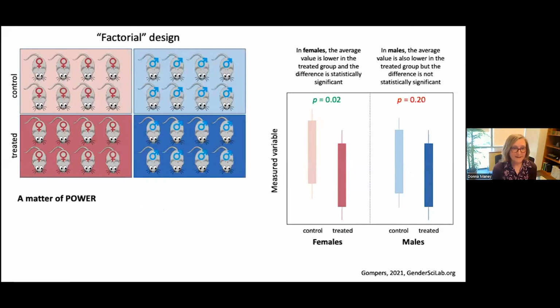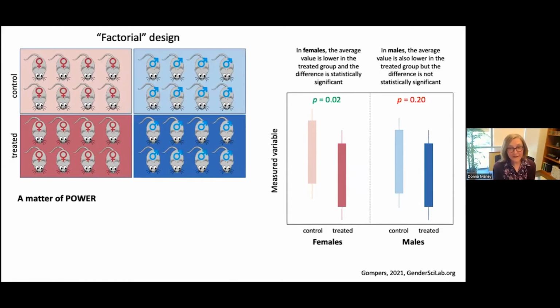So coming back to this slide, let's say that you would normally have 16 animals of the same sex in your control group and in your treatment group. Now under SABV, you might have just 8 of each sex, which means that you might not be powered to detect your effect of treatment within each sex. You would have to pool the sexes together in order to detect your effect.